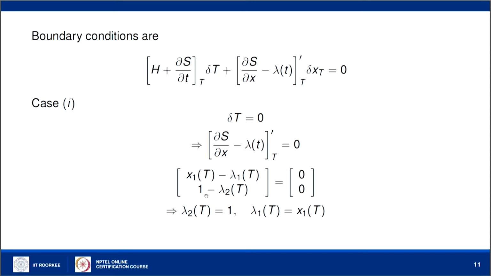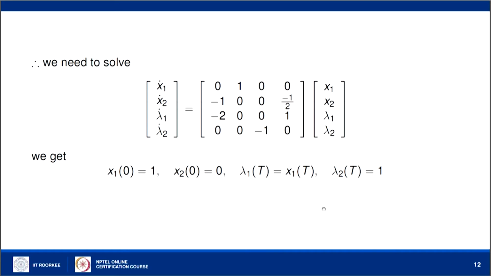From here we get lambda 2 evaluated at capital T is 1, and lambda 1 at capital T is nothing but x1 of T. So the four coupled equations are written in matrix form like this: x1 dot is x2, x2 dot is minus x1 minus half lambda 2, and so on.